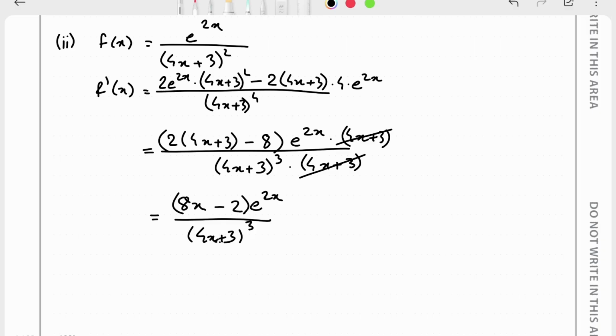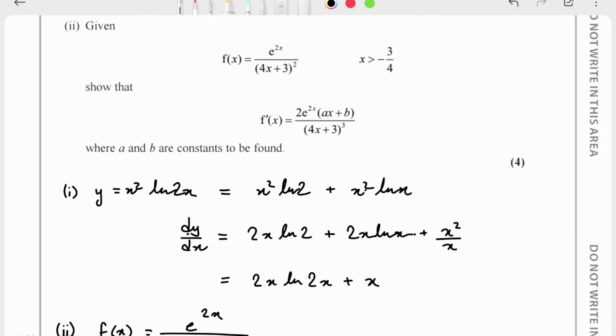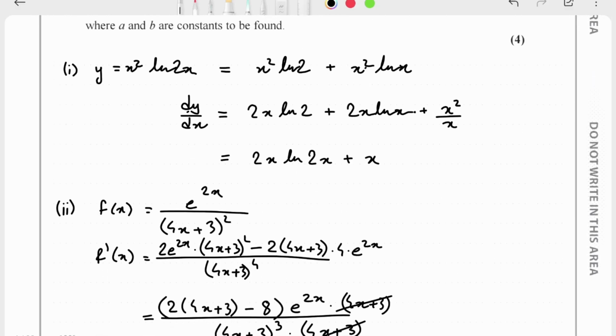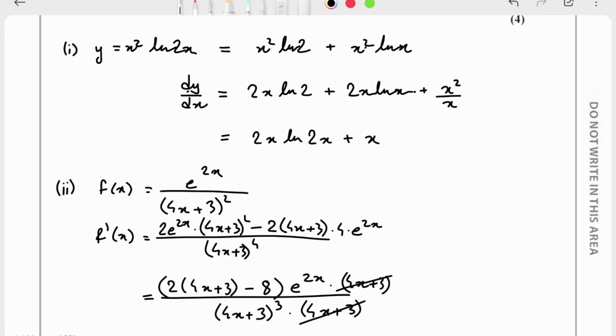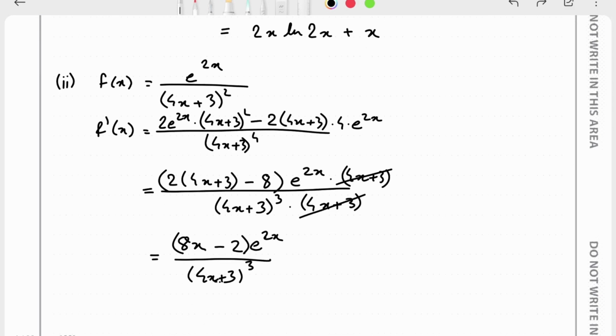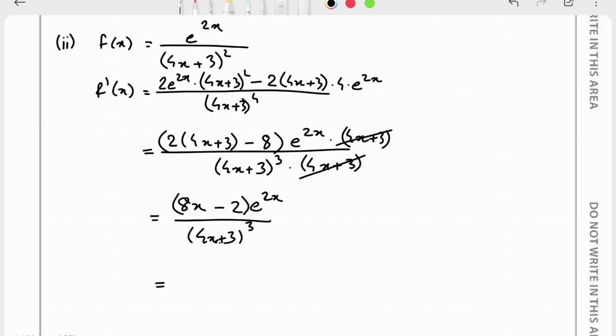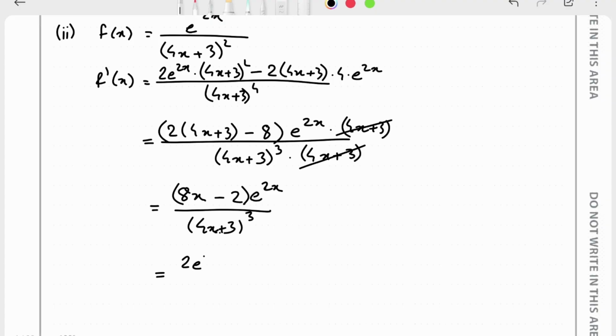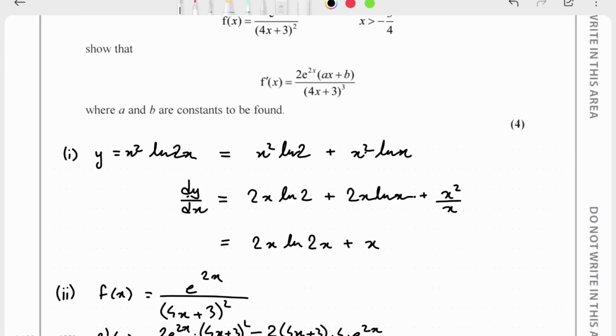Oh, we need to take 2 as common. So it's 2 e to the power 2x times 4x minus 1, divided by 4x plus 3 whole cube. Yes, now it's consistent with the answer that they want.